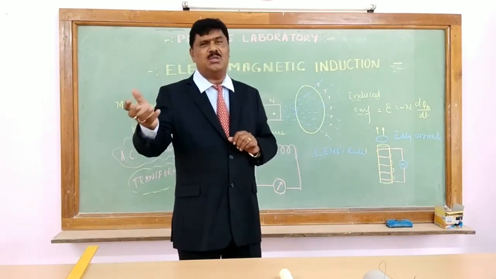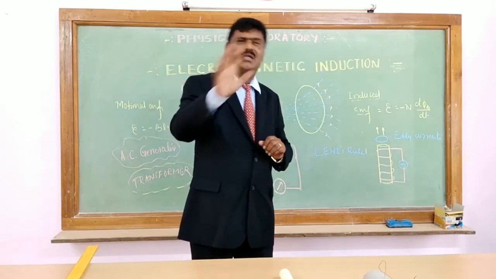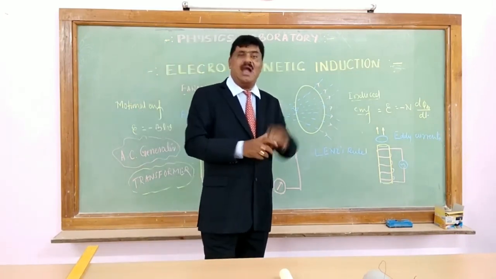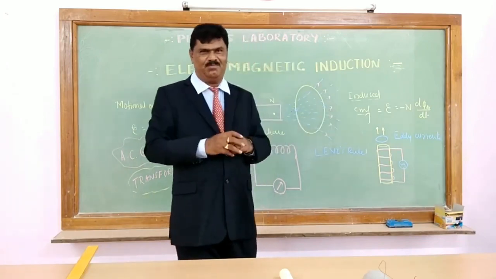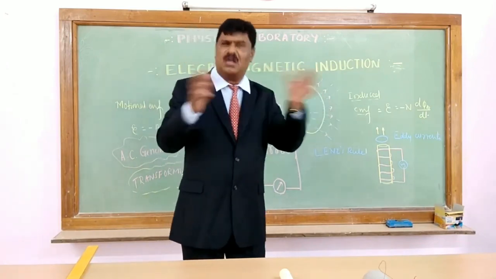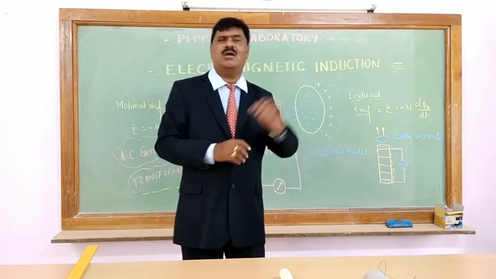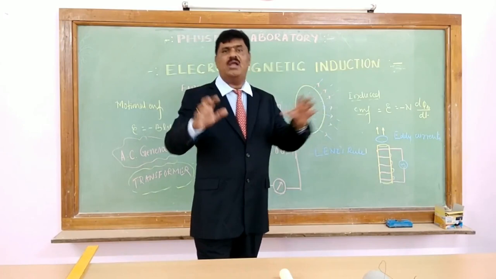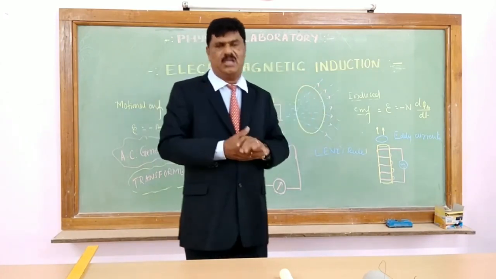It may be a magnet or it may be a current carrying conductor, because both of them produce a magnetic field. And the other one is a coil, made up of a good conductor of electricity, say a copper wire. When a copper wire is wound, it can be wound in the form of a coil which contains a number of turns.